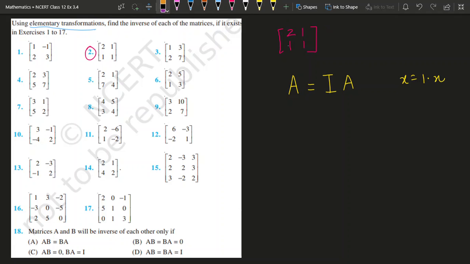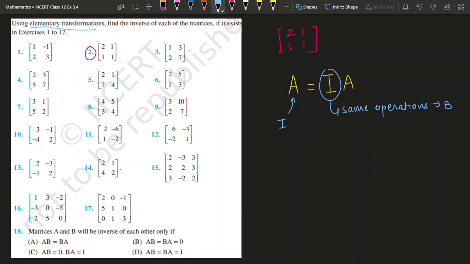And given that, you can perform row or column operations to get this to the form of the identity matrix, and you have to perform the same operations on the I to, let's say, get some matrix B. It's legitimate to do so since you're doing the same things to both sides.